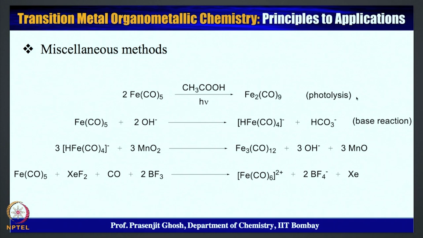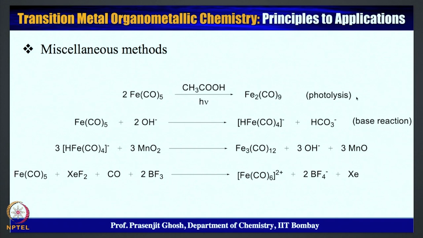Then these 3 HFe(CO)4- plus 3 MnO2 gives Fe3(CO)12 plus 3 OH- plus 3 MnO. Another reaction also involves this iron pentacarbonyl complex as Fe(CO)5 plus XeF2 plus 2BF3 giving [Fe(CO)6]2+ plus BF4- plus Xe.